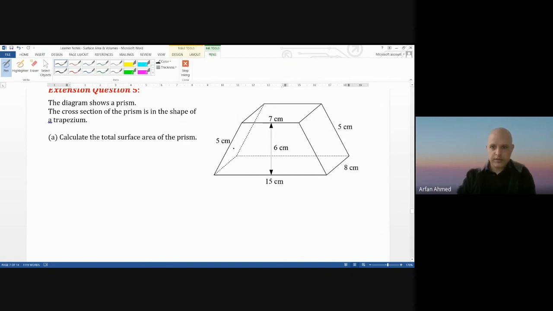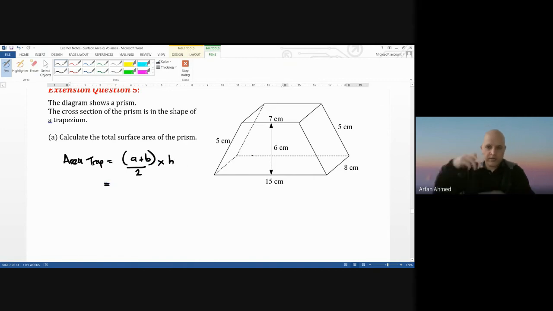That's a trapezium. So how do we work out the area of a trapezium? What was the formula? A plus B divided by 2 times the height. A plus B is those two parallel sides always. So you've got to do 7 plus 15 divided by 2.